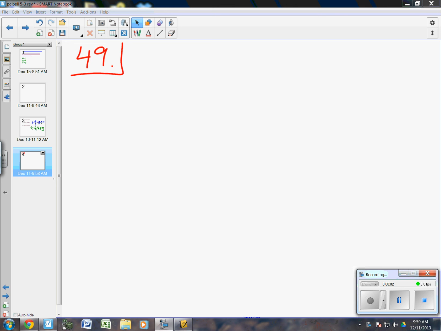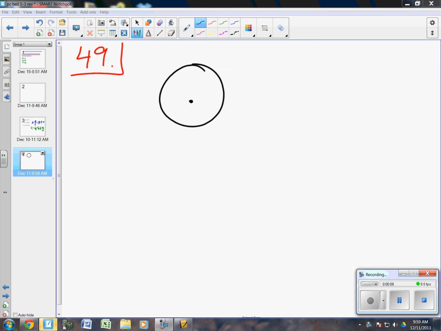Okay, reviewing 5-3 part 2, problem number 49. We have a Ferris wheel, right? This is 4 feet.